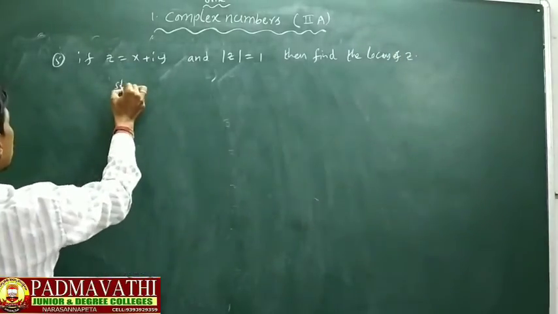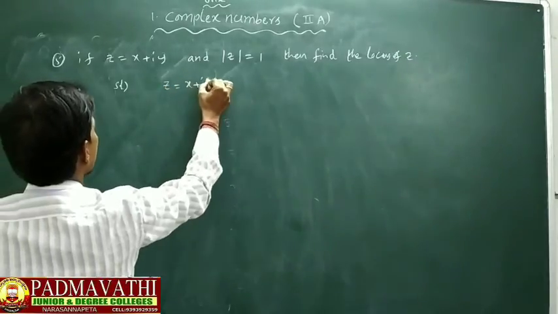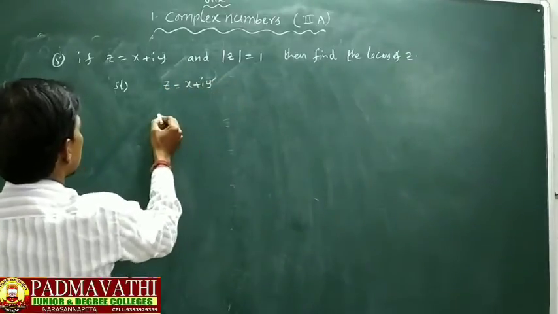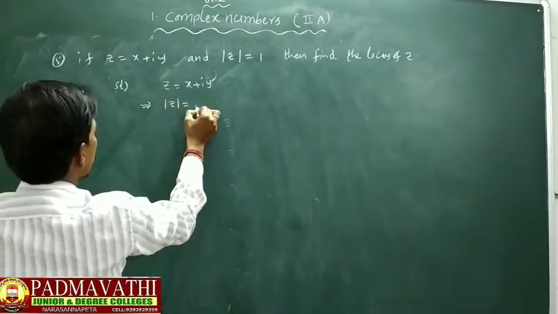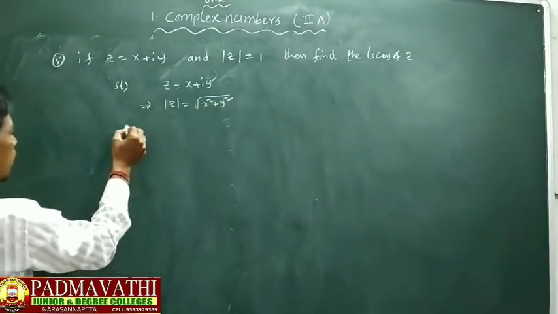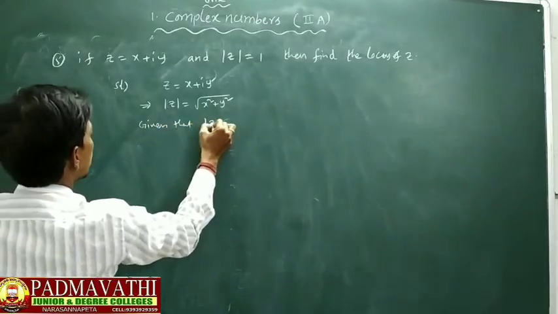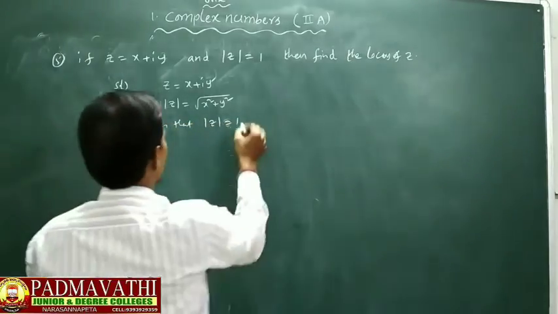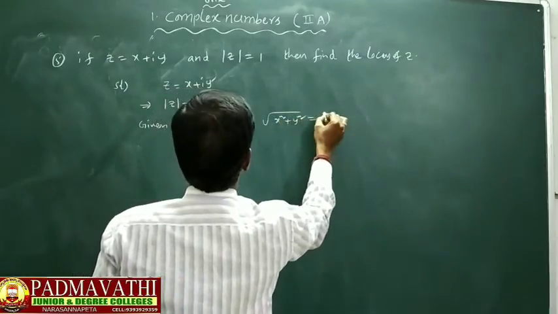Solution: z = x + iy implies |z| = √(x² + y²). Given that |z| = 1, that implies √(x² + y²) = 1.